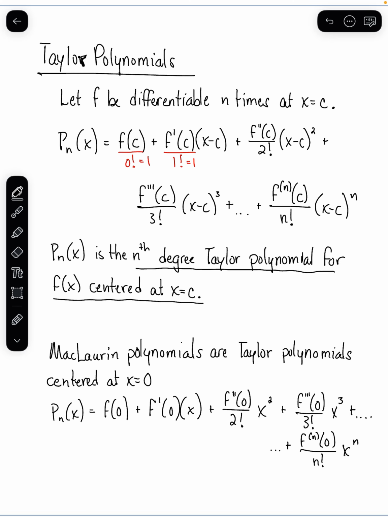In this way, it looks more like what we would expect a polynomial to look like, x to a power with a coefficient, where the coefficient specifically has to be the nth derivative at the centering point over n factorial. The minus c that we see in the Taylor polynomial is nothing more than a horizontal shift.